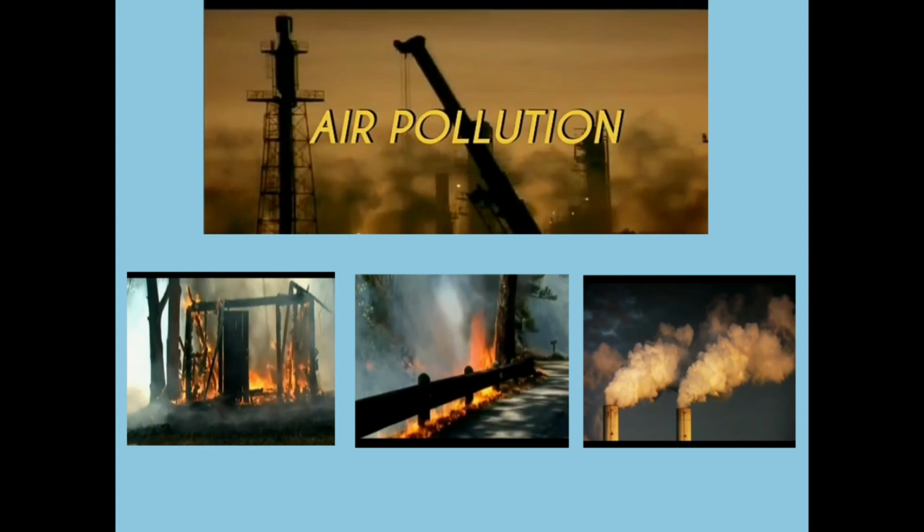This is called air pollution. Harmful gases are given out through combustion of fuels in vehicles and from factories. As a result, pollution is increasing day by day, and harmful substances are released in the air.